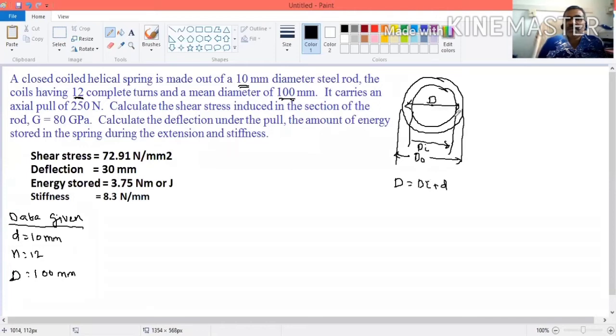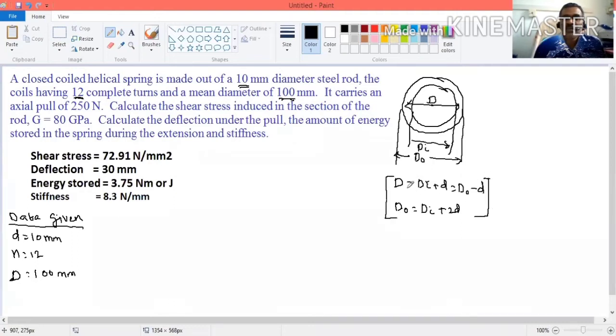So this is the inner diameter, here d by 2, here also d by 2, so plus d will give D. Similarly, outer diameter D naught minus d will give the mean diameter. If you want to find the outer diameter, D naught is equal to Di plus 2d, Di here 1d, here 1d. So this is the relation between the mean diameter, outer diameter and inner diameter.